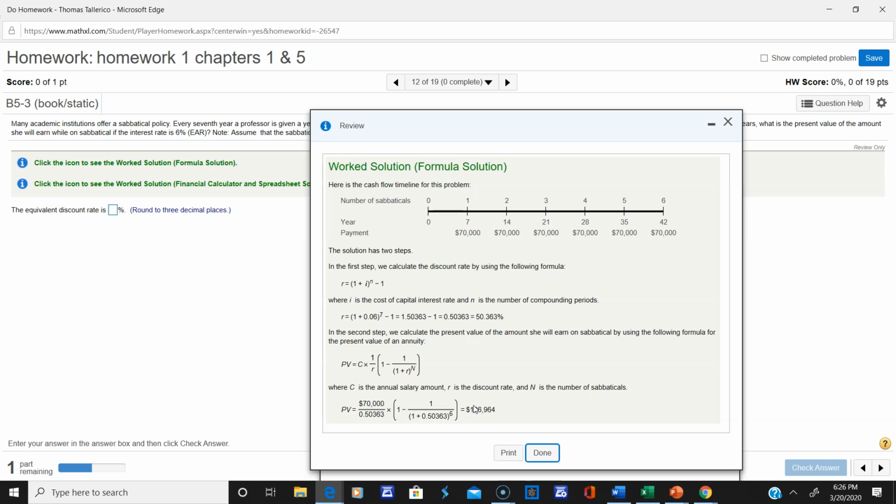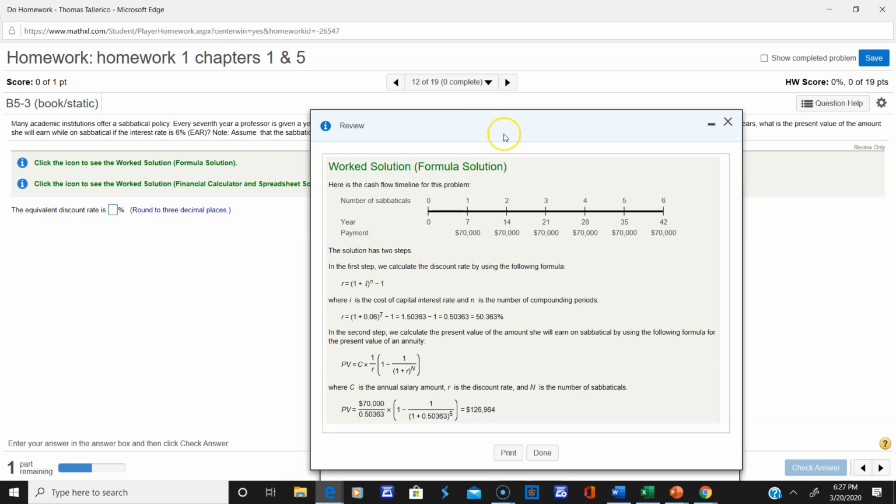When you solve this equation with this as the annuity amount, and you use this interest rate, it comes out that it's like you won a lotto, and they're going to give you $126,964 up front. This whole first part was to get the interest rate equivalent for each 7-year period.